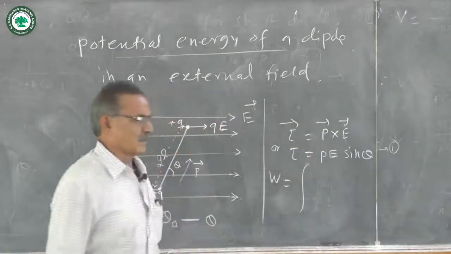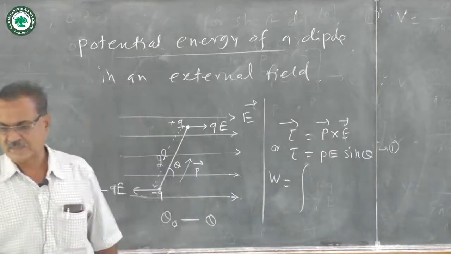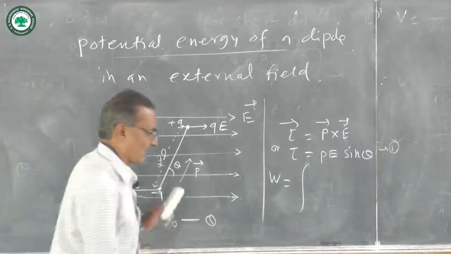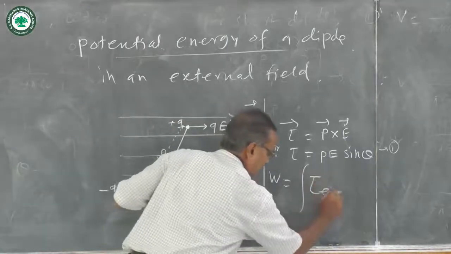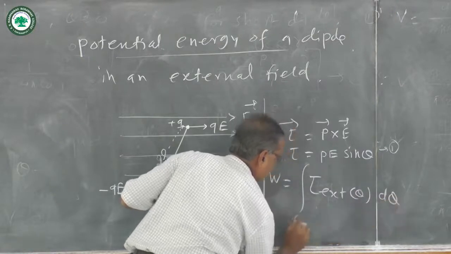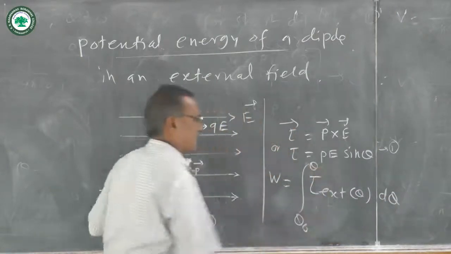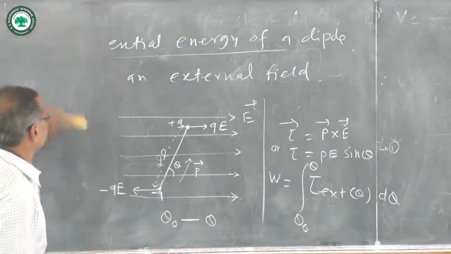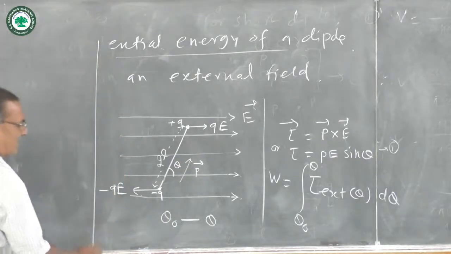Now, the external torque is applied to neutralize the torque. So we have to take the integration of external torque over d theta, with limits theta 0 to theta. The applied external torque is PE sin theta.